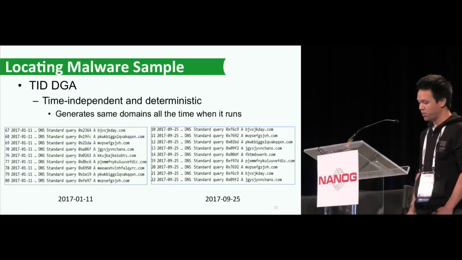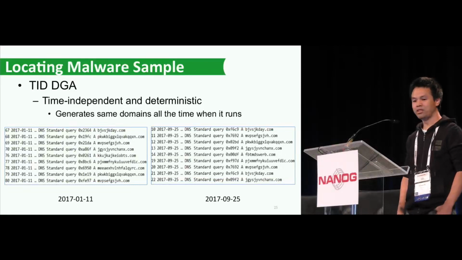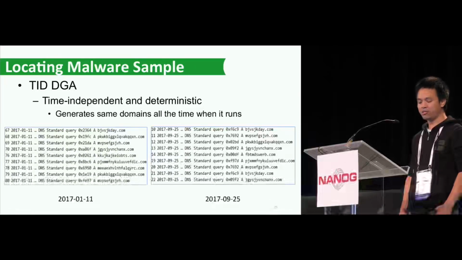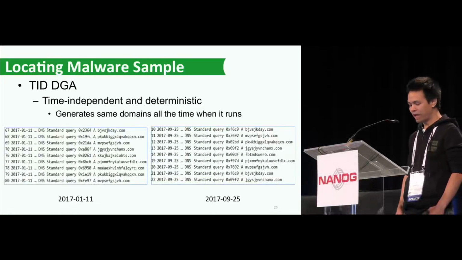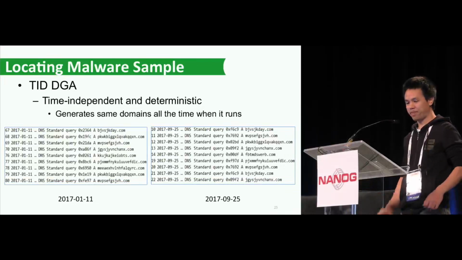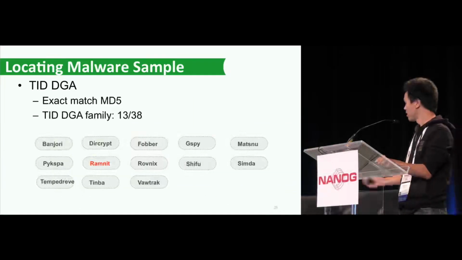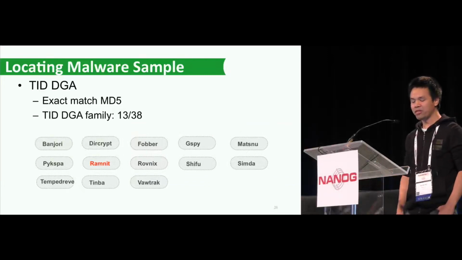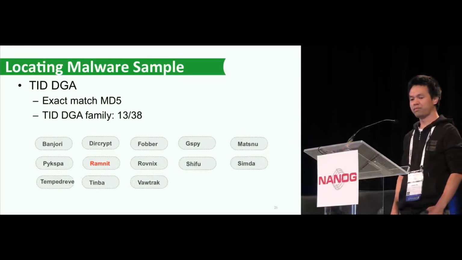Here is an example. Remnant DGA generates exact same domains in January and in September. The time is different, but the two lists are exactly the same. Among the 38 DGA families we know, the TID DGA accounts for nearly 30%.